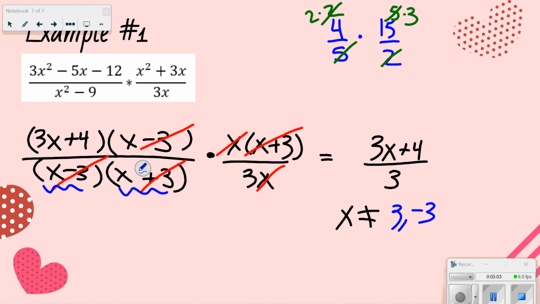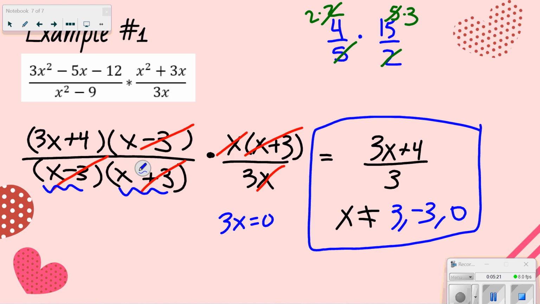Not quite 1. Think about this factor, 3x. What would make that 0? If x was 0. So I'll have 3, negative 3, and 0. That's going to be part of your answer here.